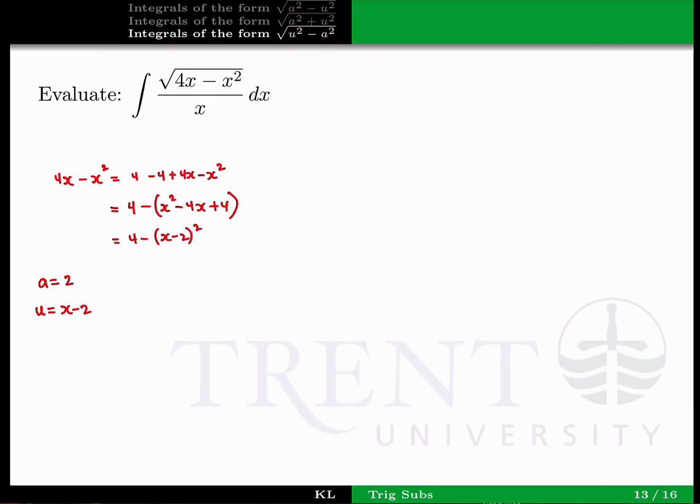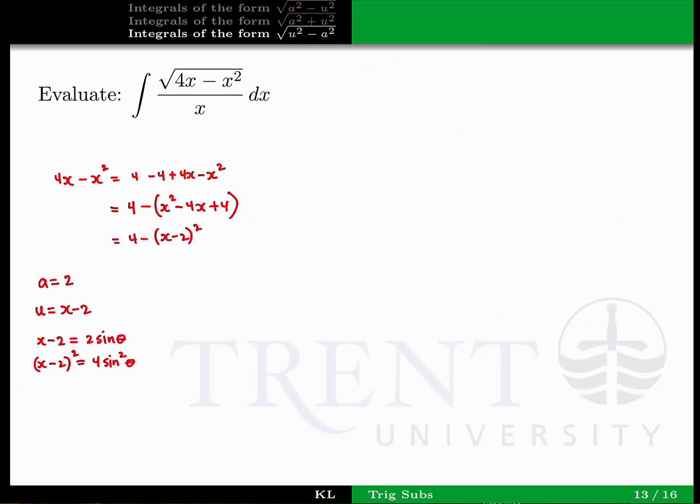So what we will get is the following. x minus 2 equals 2 sine theta. Then we proceed, we square. We will have x minus 2 squared, this is 4 sine squared theta.